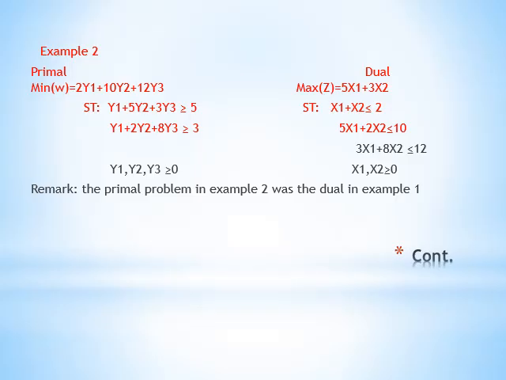The primal has 3 variables, y1, y2, y3. Then respectively the dual will contain 3 constraints.